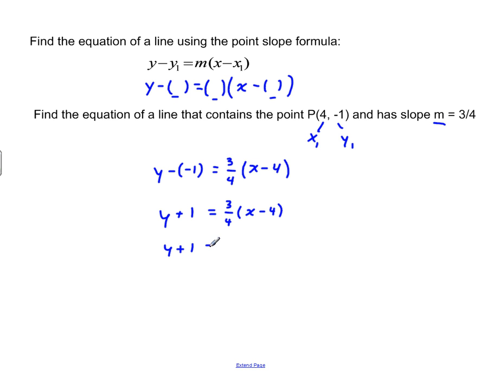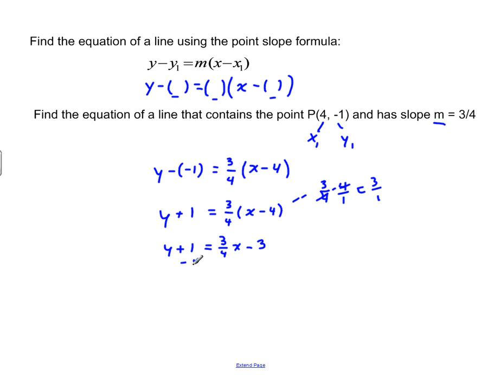y plus 1 is equal to, if we distribute 3/4 times x minus, let's see, 3/4 times 4 is the same thing as 3/4 times 4 over 1, which is just equal to 3 over 1, or simply 3. So x minus 3 right here.